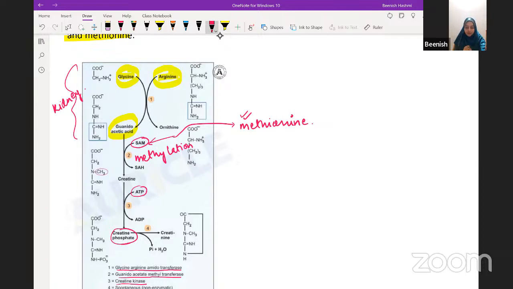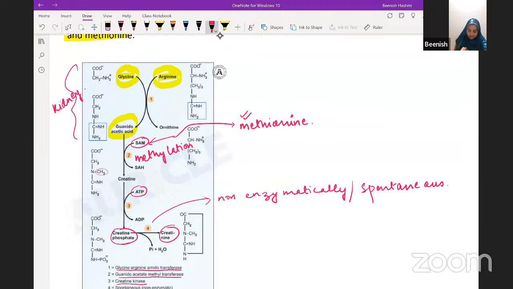Now this creatine phosphate spontaneously, non-enzymatically, changes into creatinine.